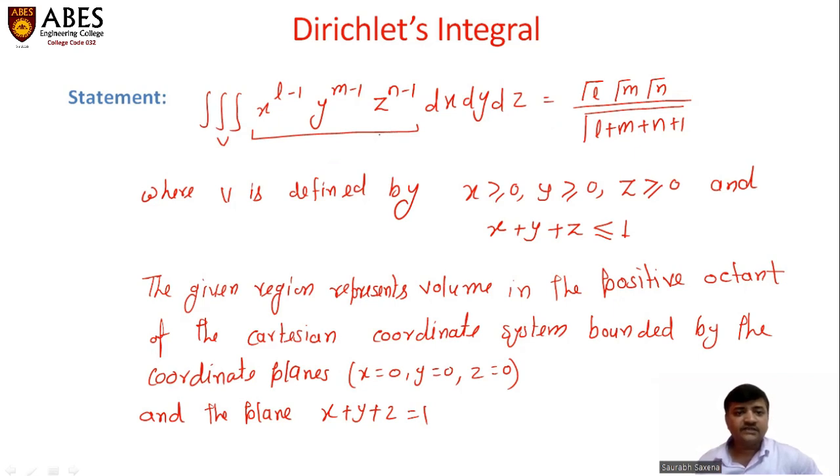And the region for which it is to be integrated must be defined for x positive, y positive, z positive, and x plus y plus z is less than equals to 1.